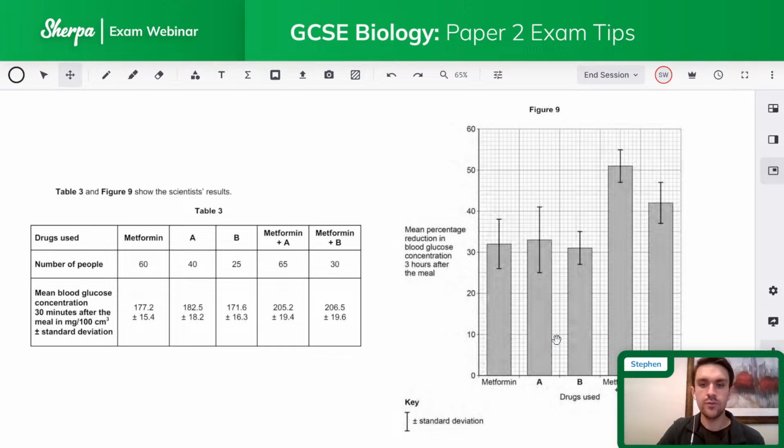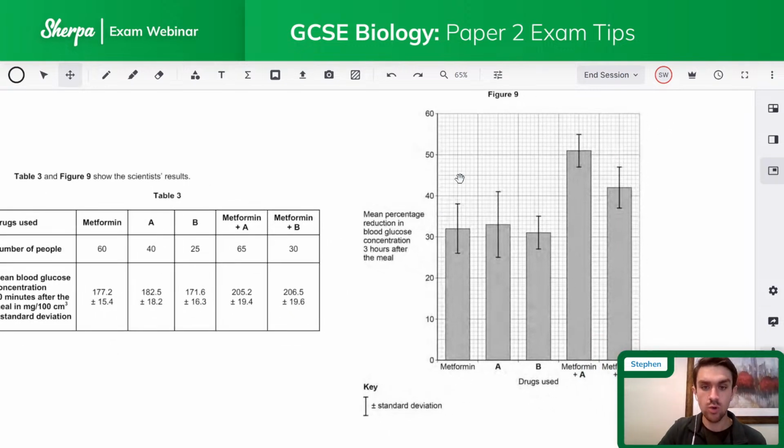In Figure 9, we've got a graph which shows us the mean percentage reduction in blood glucose concentration 3 hours after the meal. So how much has the blood glucose level been reduced by, and the drug used. Okay, so we can see here our bar graph, and we've also got our standard deviations shown.